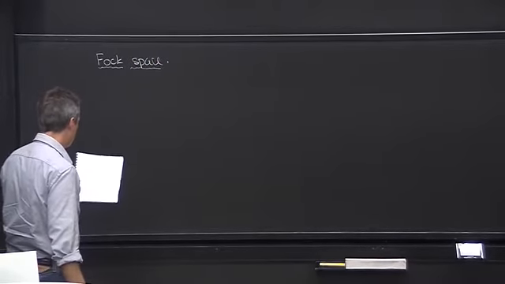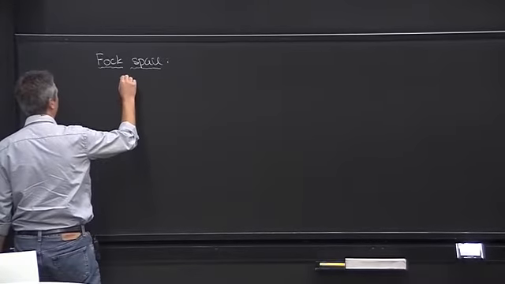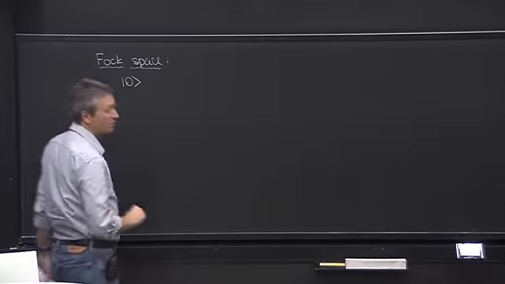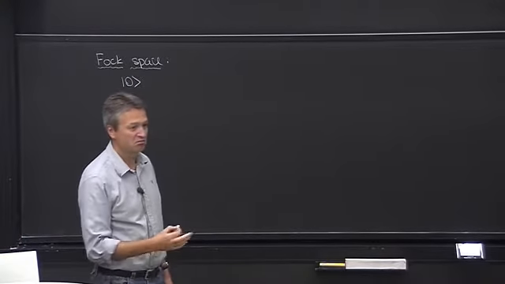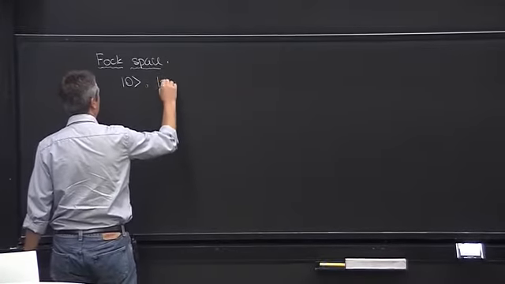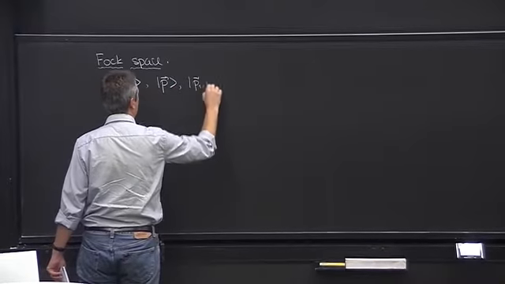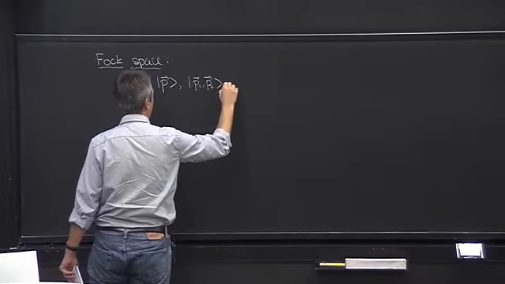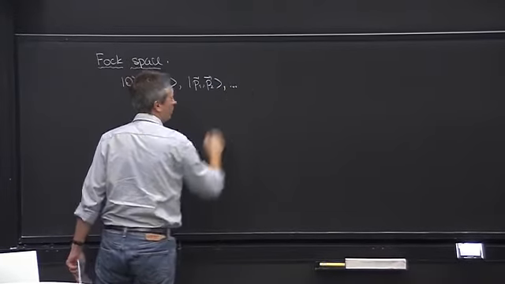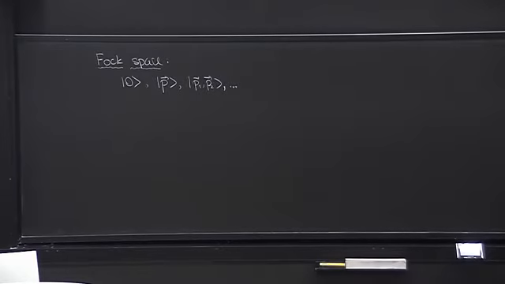And the Fock space consists of an empty state, so this is just a state with no particles, then a state with one particle, a state with two particles, and so on. So we take a linear envelope of all possible states that contain arbitrary number of particles.